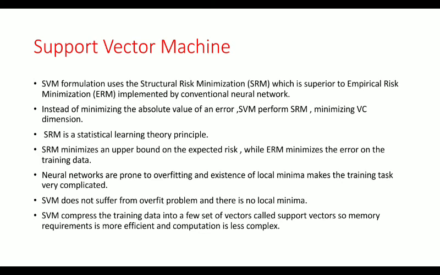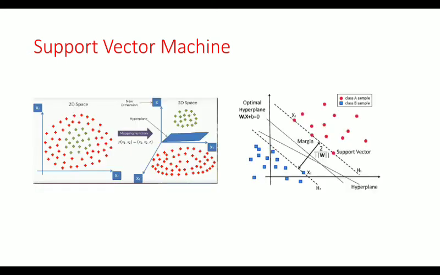Among these text and figure table like this. And finally, there is one more advantage: the support vector machine compresses the entire data into a few sets of vectors, called support vectors. As I mentioned earlier, look at the right side picture.